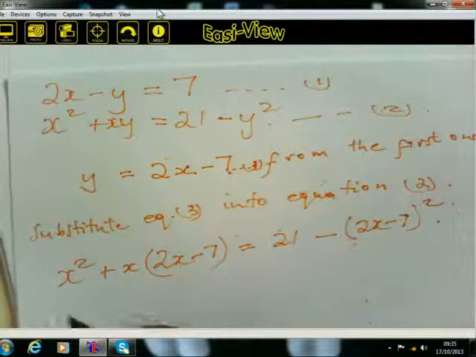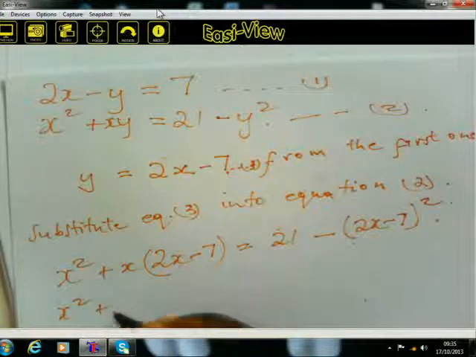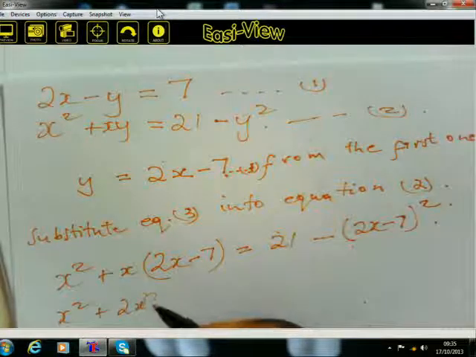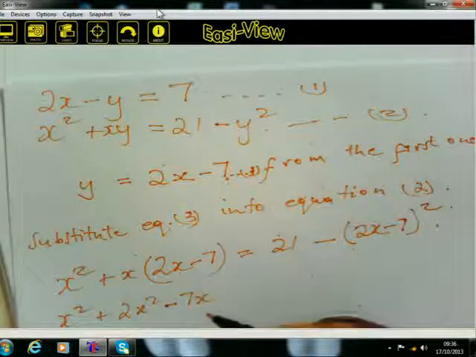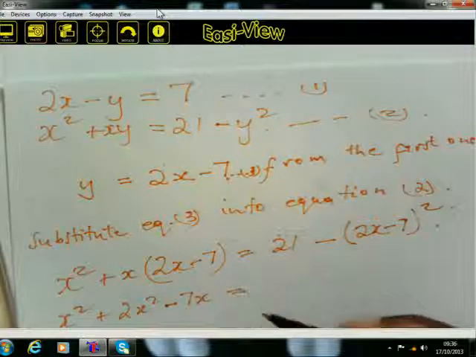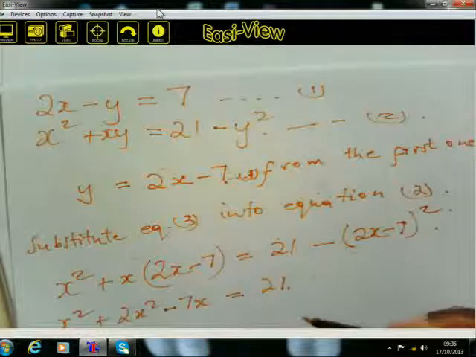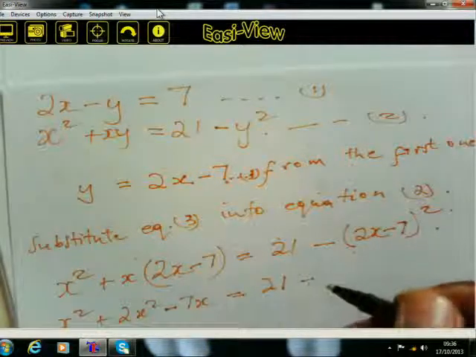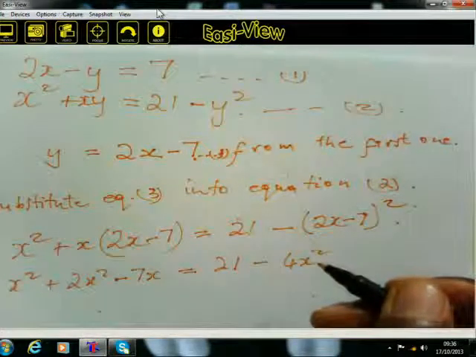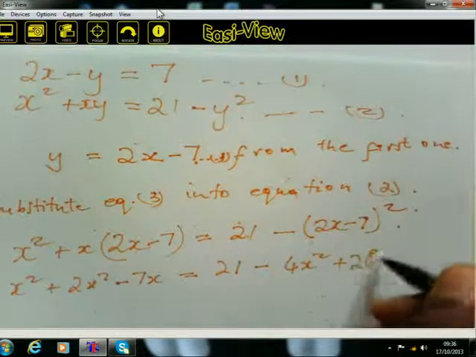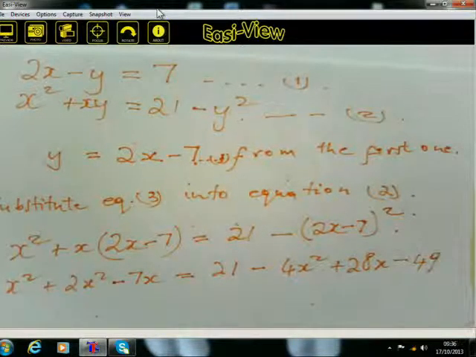Right. Now, let's see what's going to happen there. We are going to have it as x squared plus 2x squared minus 7x, and then this is going to be equal to 21 minus 4x squared plus 28x minus 49.